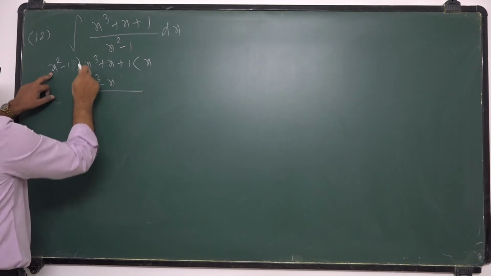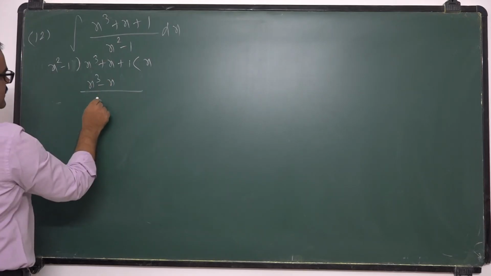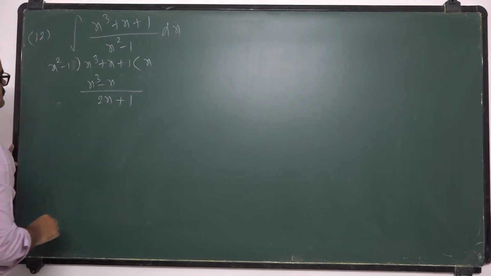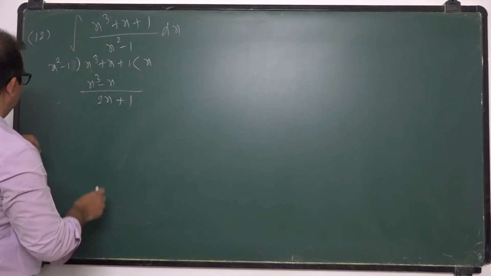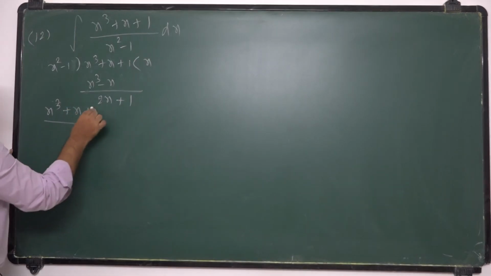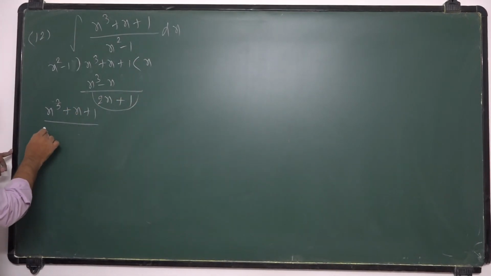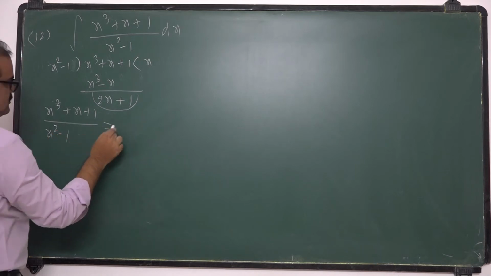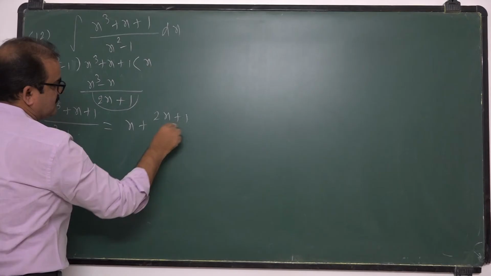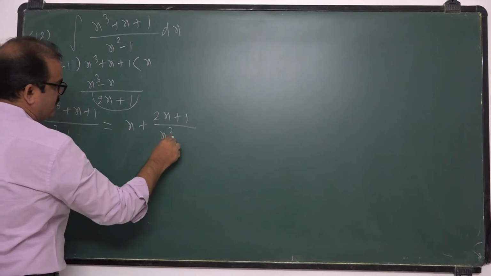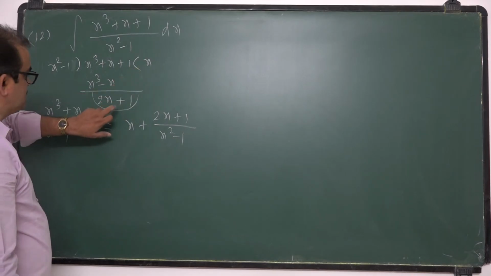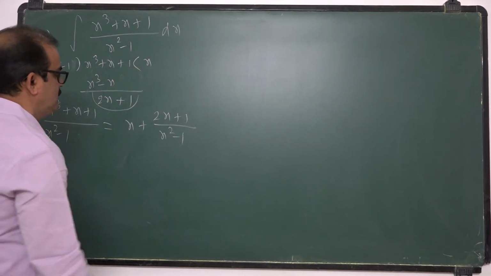On subtracting, x cube cancels, we get 2x plus 1. Now x cube plus x plus 1 by x square minus 1 is equal to x plus 2x plus 1 by x square minus 1. From this division, quotient plus remainder by divisor.